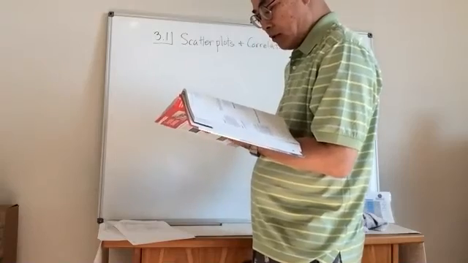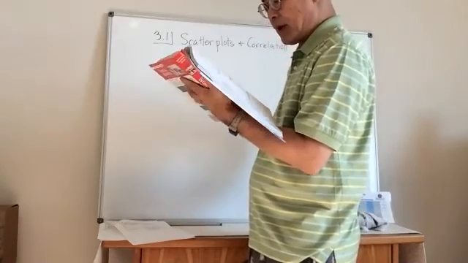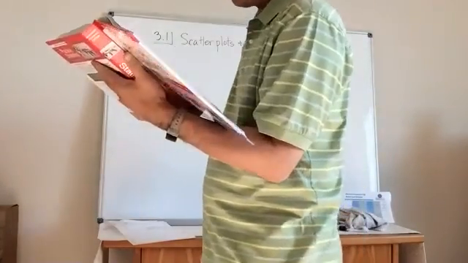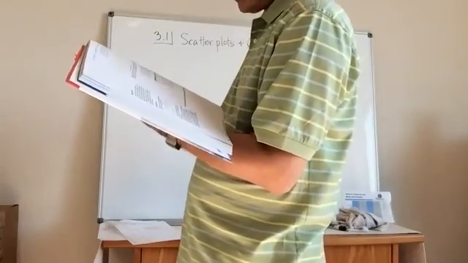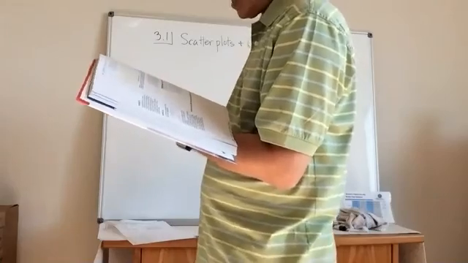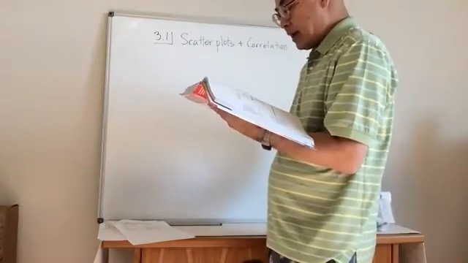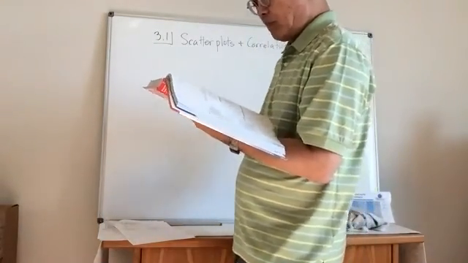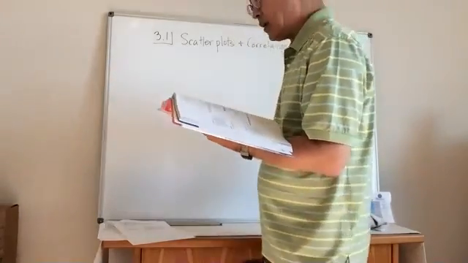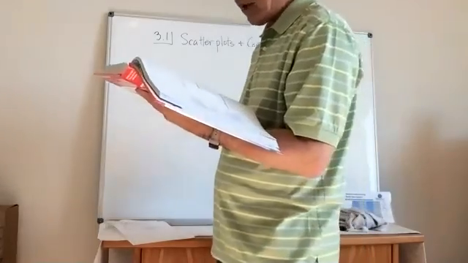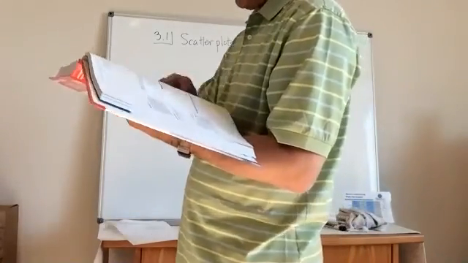So B, the correlation would be the same because the correlation doesn't make a distinction between the explanatory and response variables. Okay, that's good. C, what would happen to the correlation if the height was measured in centimeters instead of inches? Well, nothing would change, right? Because it's a standardized value, a unitless standardized value. So nothing would change.